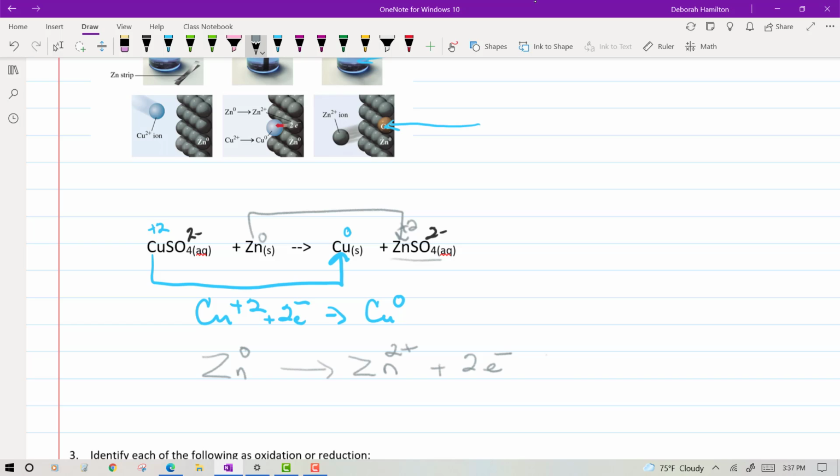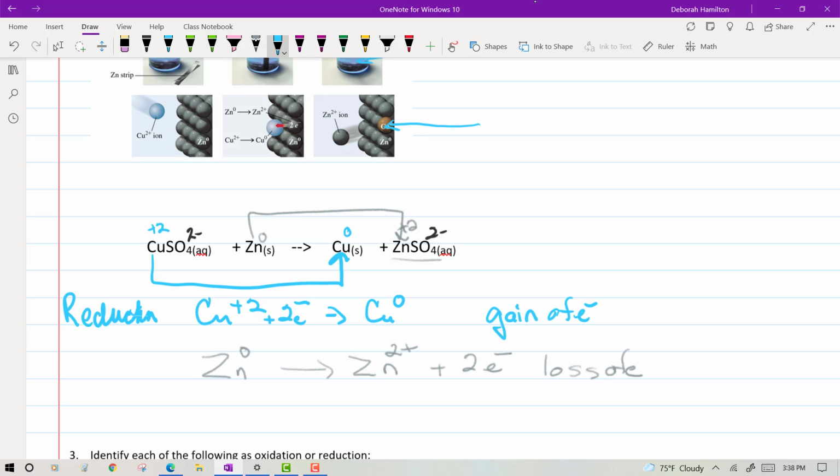So we have our loss of electrons here, and we have our gain of electrons here for the copper. Gain of electrons for the copper, and that's reduction. Check: did the oxidation state go down? +2 to 0?